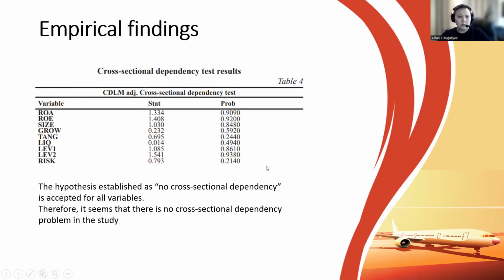Then the problem of cross-sectional dependency, which is similar to autocorrelation, which we will consider a bit later. Here we have got the probability values, and all of them are higher than the 1, 5 or 10% levels of significance, meaning they are not significant. There is no issue of cross-sectional dependency. The hypothesis is accepted.